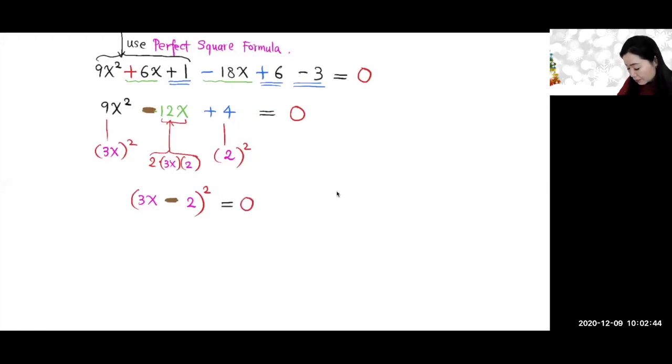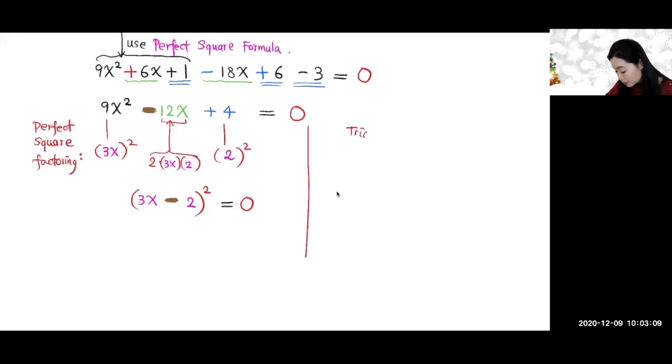Now some of you say, can I use trial and error? You can also use trial and error. So for this method over here, I used perfect square factoring, and for the other one over here, I can use trial and error factoring.